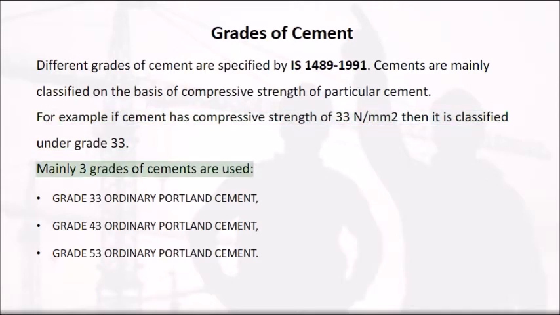Mainly 3 grades of cements are used. Grade 33 Ordinary Portland Cement. Grade 43 Ordinary Portland Cement. Grade 53 Ordinary Portland Cement.